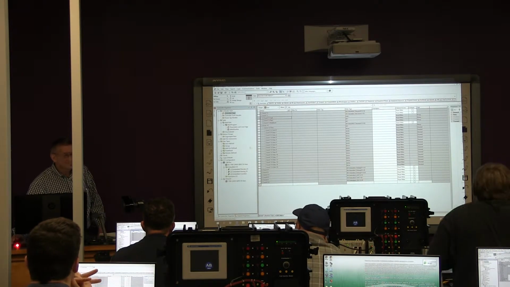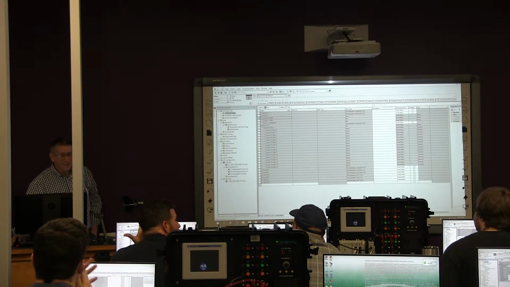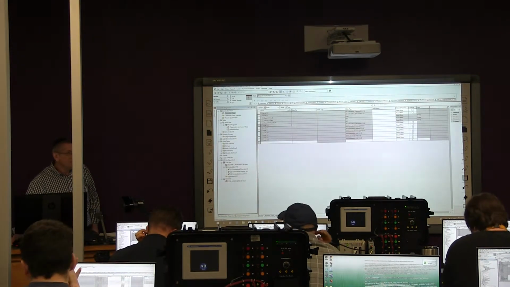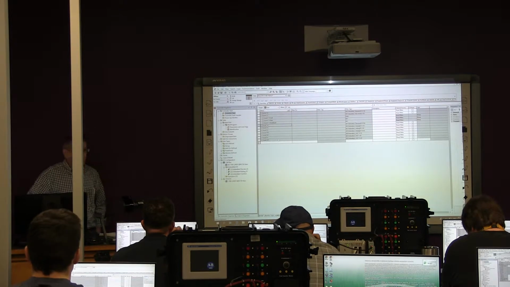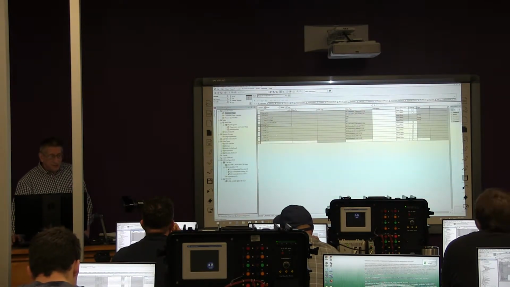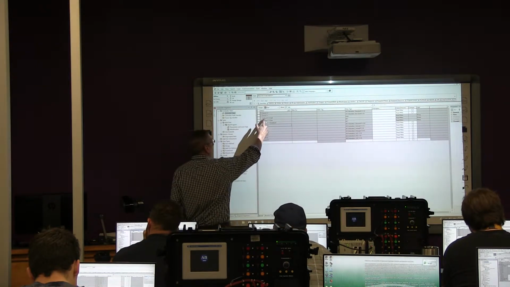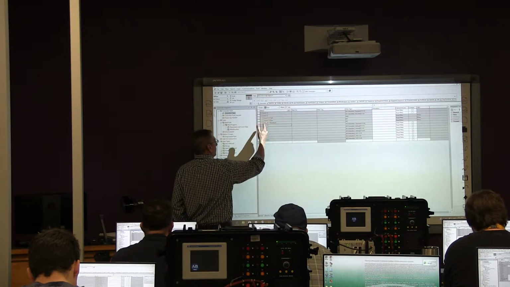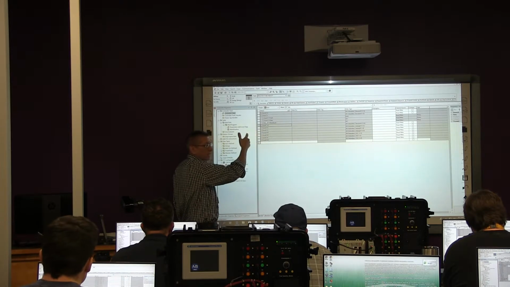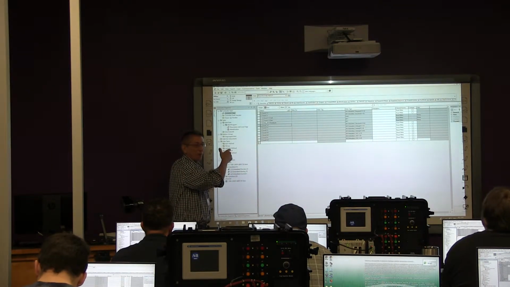Could they have done it on the output side just as easily? Probably, yeah. So we have the location, we're in the local rack, we have the slot number, the I, that's the data type of the module.